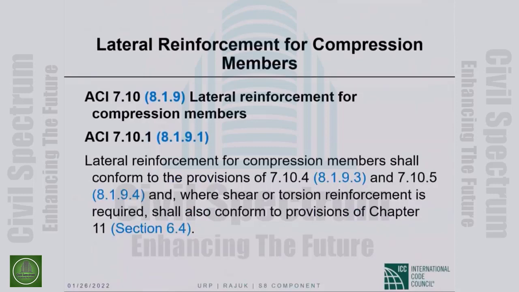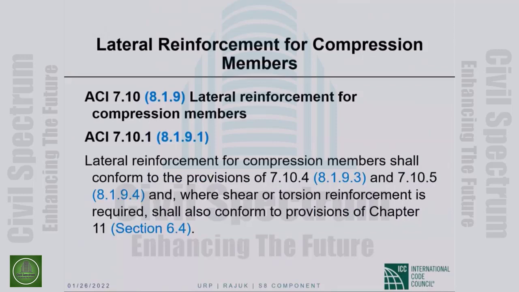Lateral reinforcement for compression members. This is highly important stuff that we use every day. So this is column transverse reinforcement. Lateral reinforcement for compression members shall conform to provisions of section such and such. Where shear or torsion reinforcement is required, it shall also conform to that.